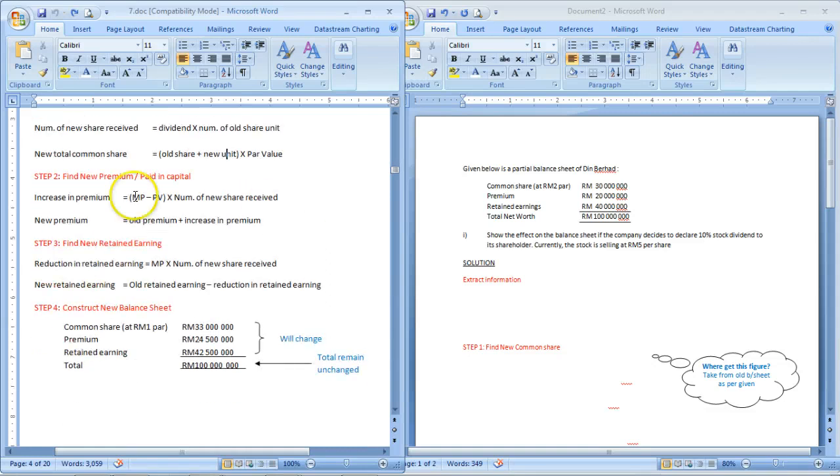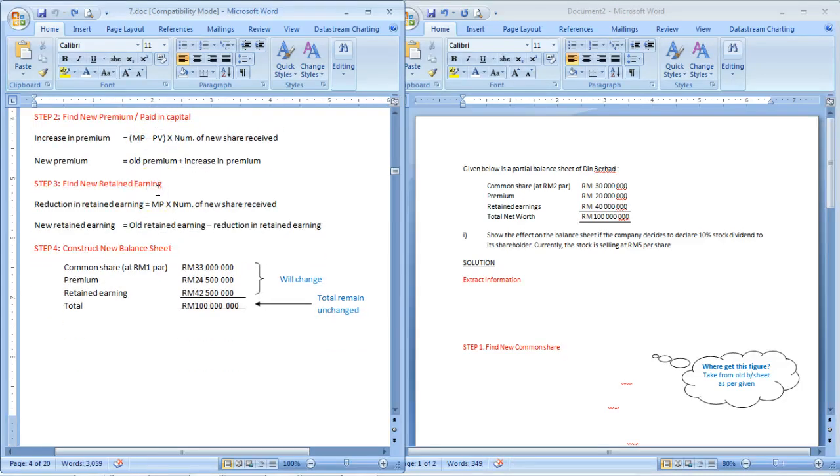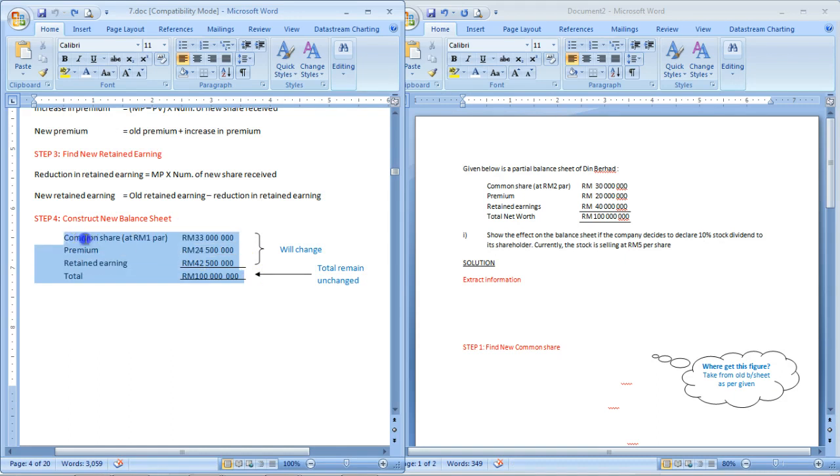Second step, you need to find the paid capital, which we now call the new premium. Just follow the steps one by one, including your retained earnings. This is our current, old, existing balance sheet. When you issue stock dividends, your balance sheet will change.